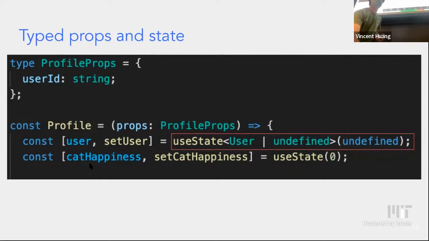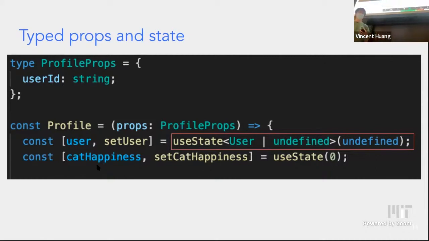For example, on the second line, we have const [catHappiness, setCatHappiness] = useState(0). TypeScript already knows that if you do useState with 0, catHappiness is probably going to be a number, so you don't have to define it.